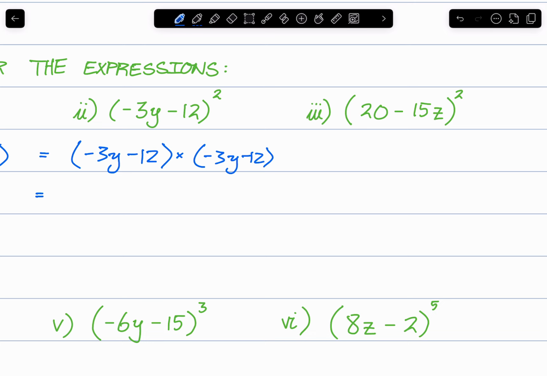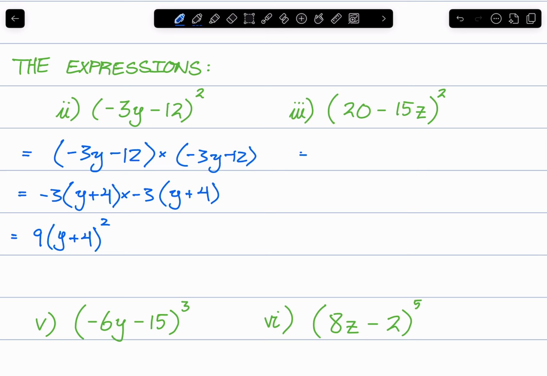And so now when we factor out negative 3 from both of them, it becomes negative 3 times y plus 4 times negative 3 times y plus 4. And as you can see, the 2 negative 3s multiply to become 9. And the 2 groups can combine back together to give us y plus 4 all squared.